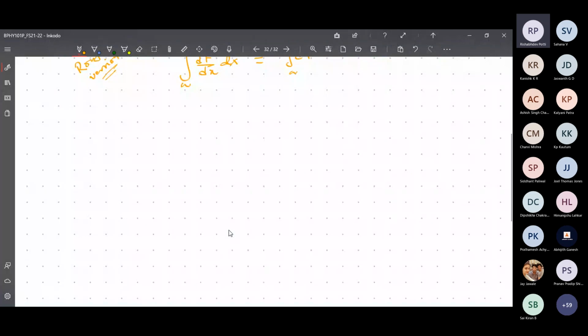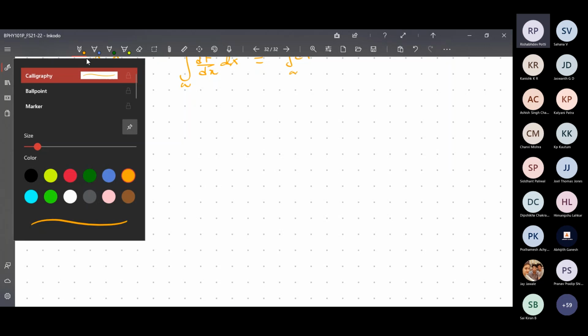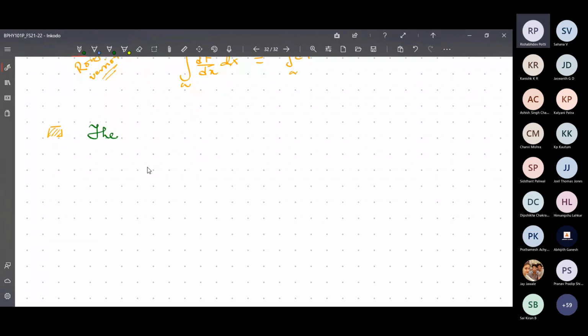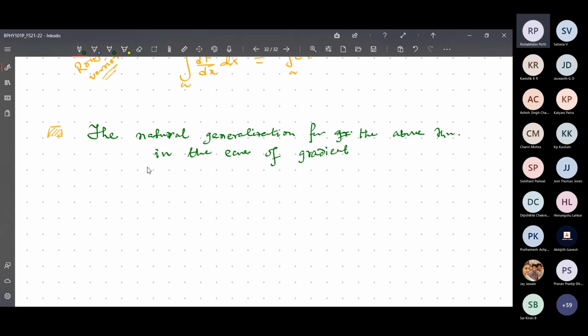I'm going to write a new statement, the natural version of the above theorem in the case of gradient. It is as follows.